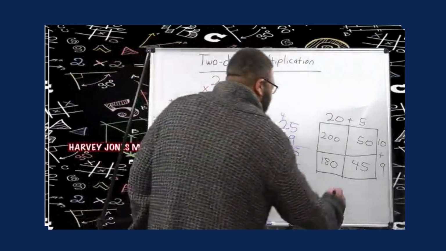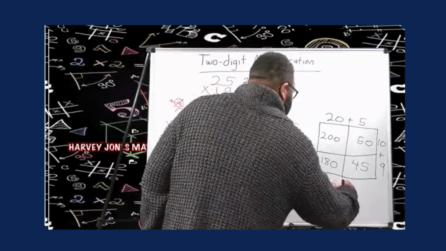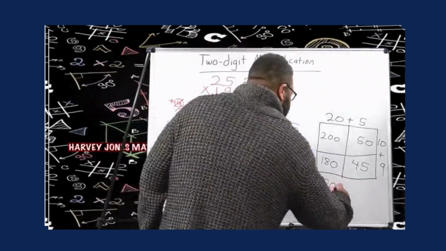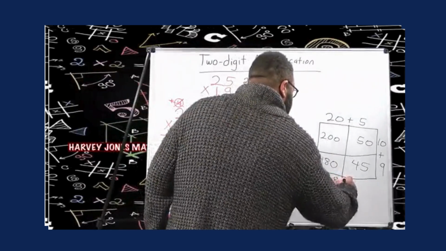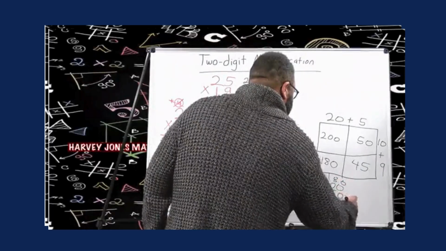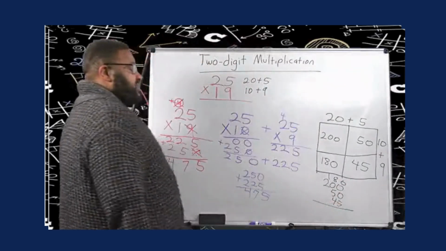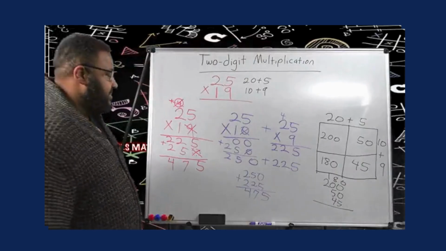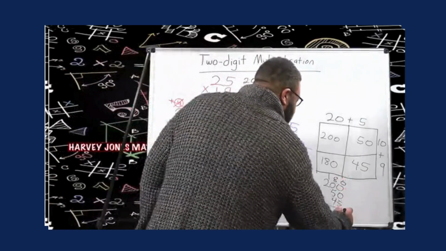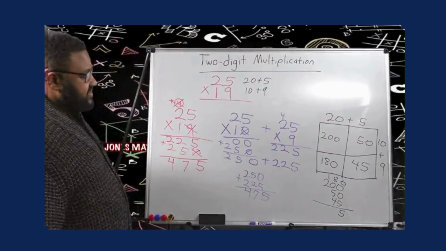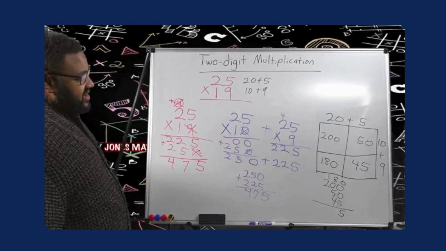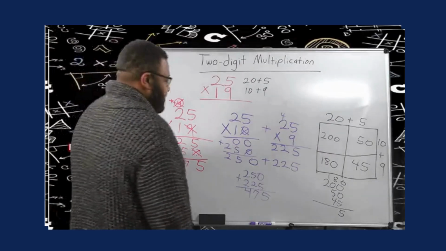So right here, I'm going to line everything up. 200 plus 50 plus 180 plus 45. No particular order, but watch the magic. 0, 0, 0 is going to be 5. That's 8 plus 5 plus 4, that's 9 plus 8, that's 17.